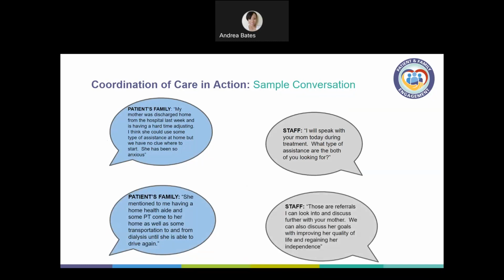"Those are referrals I can look into and discuss further with your mother. We can also discuss her goals with improving her quality of life and regaining her independence." So this is just an example of a conversation, very status quo. The patient was maybe discharged from an extended hospitalization and may need some additional services until she gains her strength back or gains her independence back.